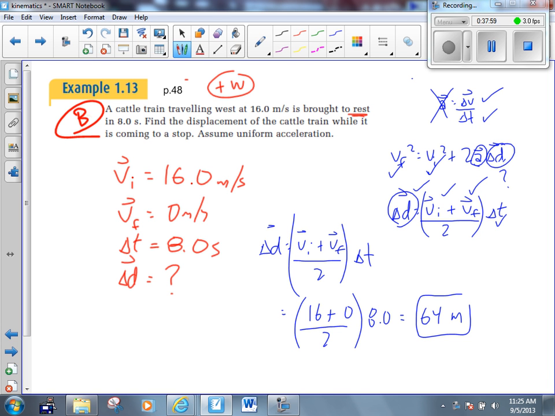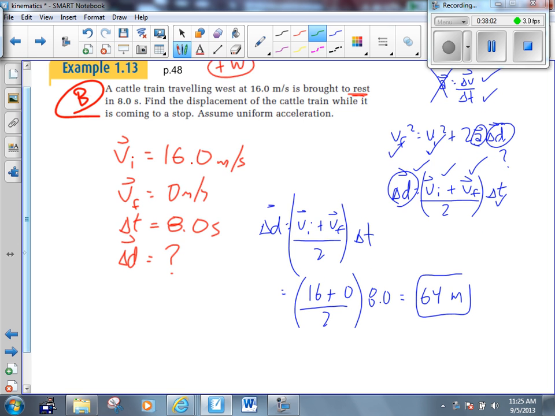Let's use A is equal to delta V over delta T to get the acceleration first. It's 0 minus 16, so we get negative 16 over 8, which is negative 2.0 meters per second squared. Are we done? No, it's the acceleration. It's not what I'm looking for.